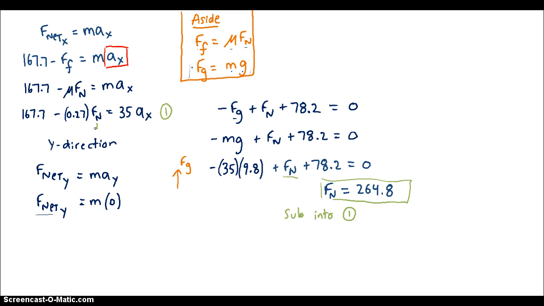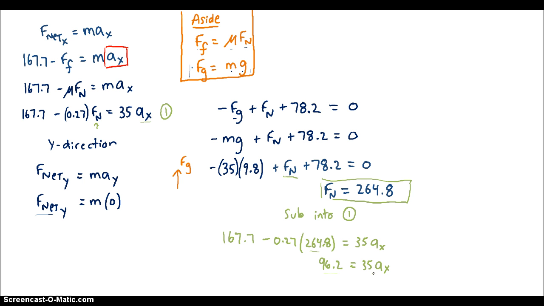Once we've subbed in for Fn, all we have to do is isolate for ax. So these are going to be our next two lines. Sub it into equation 1 for Fn, and our left side of the equation is going to be 96.2.